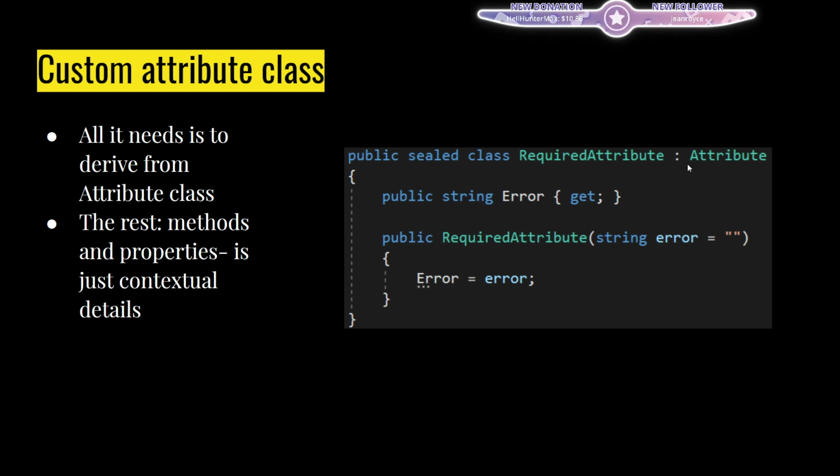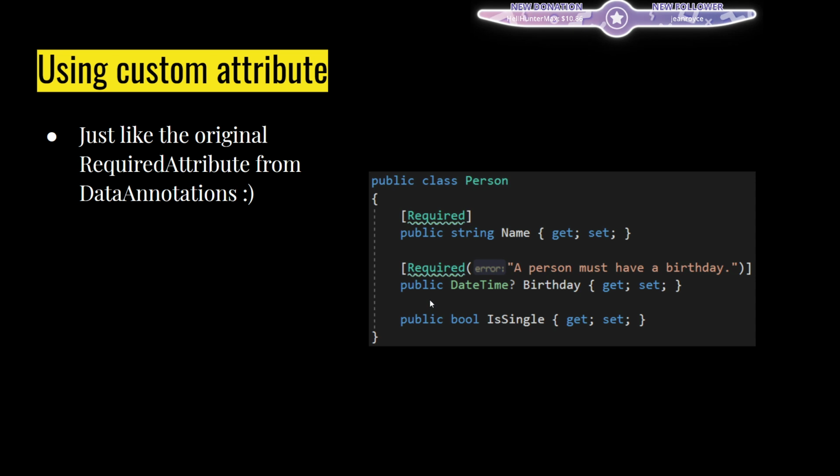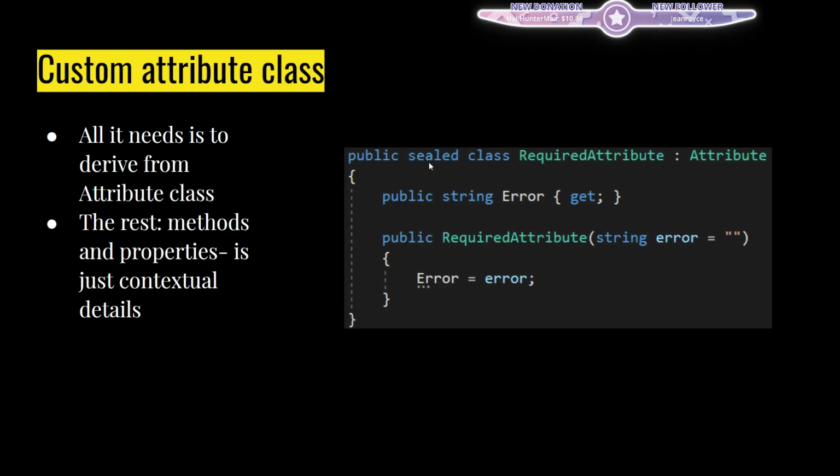All right. So required attribute done in our own way. You might wonder, why did I make it sealed? It's normally recommended to have attributes sealed. I cannot explain why, I don't really remember why, but for custom attributes they say seal it.